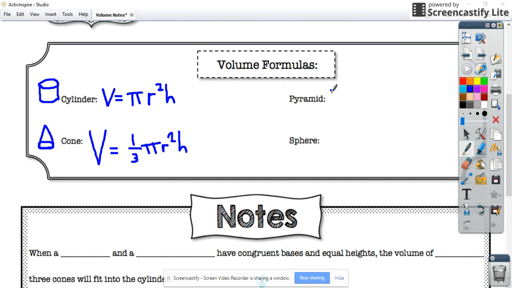Okay, to find the volume of a pyramid, this is the formula. Volume is 1/3 times capital B times H. Capital B is the area of the base. Let me write that down.